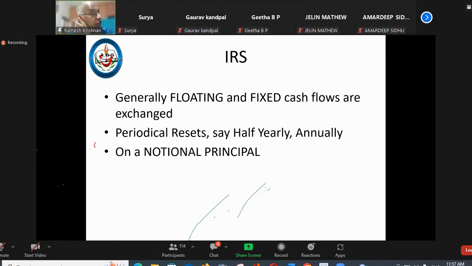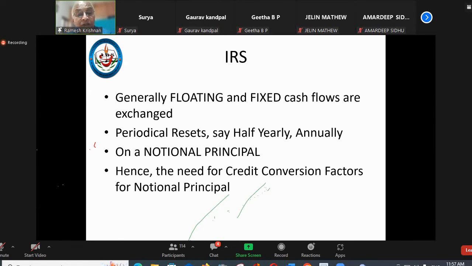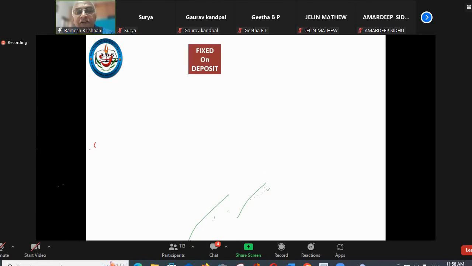For exchange traded contracts, so much; for interest rate contracts, 0.5% to 3% and 1% to 10%, depending on the method. The table will come in module D also. Now, therefore, the need for credit conversion factors for notional principal, that we will analyze shortly.